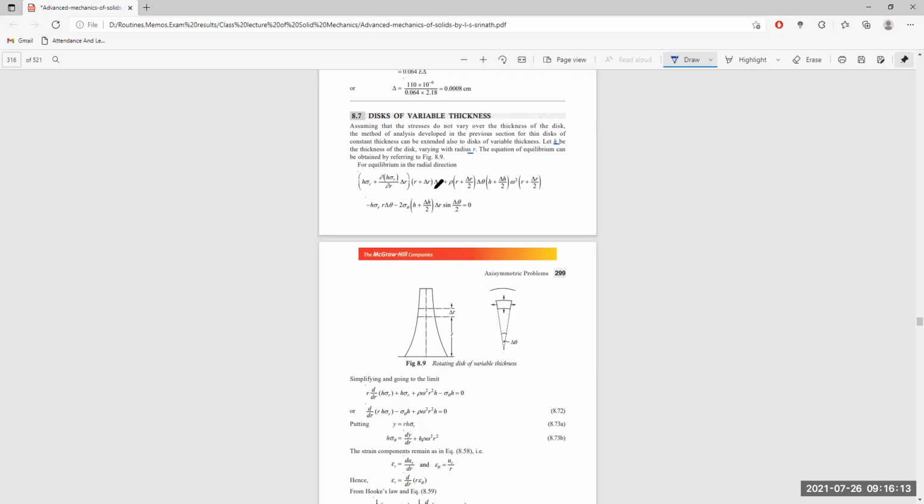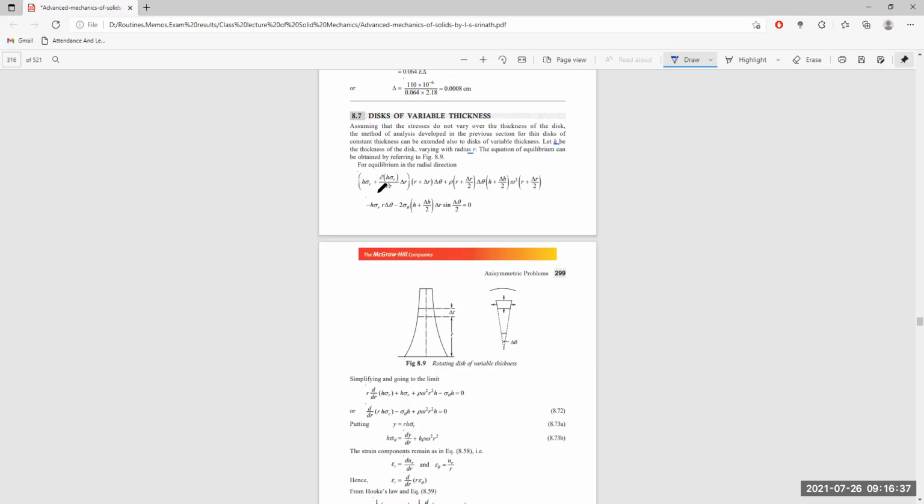This is the radius of the differential element. It changes from r at one point to r plus delta r at the next successive point. So the radius r plus delta r, multiplied by delta theta, is the length of the arc itself.